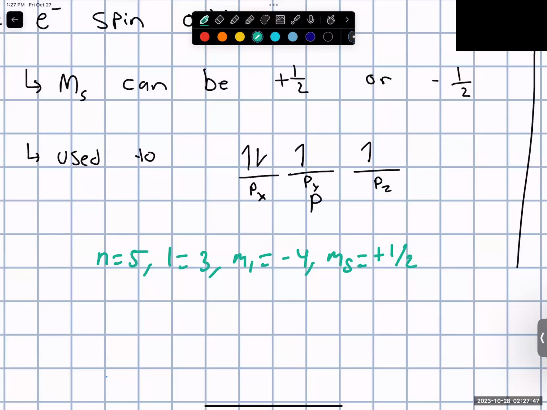Yeah, so you're exactly right, but you kind of misunderstood my question. I just wanted you to point out which one was wrong. Given the n value is right, given the L value is right, which one using your rules doesn't follow?